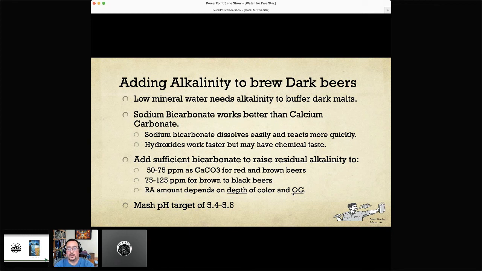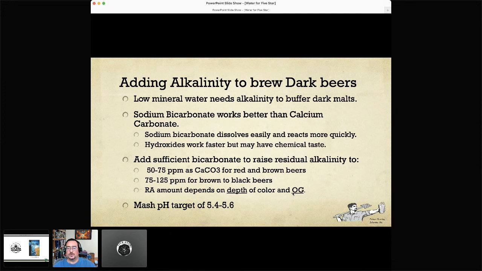Again, don't try to make everything both hoppy and malty, because then you do start tasting minerally. 50 to 75 ppm as calcium carbonate alkalinity for your red and brown beers, 75 to 125 for your brown to black beers. The particular amount of residual alkalinity needed depends on the depth of that color.